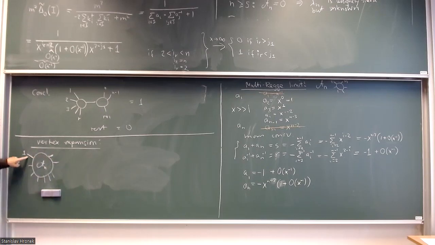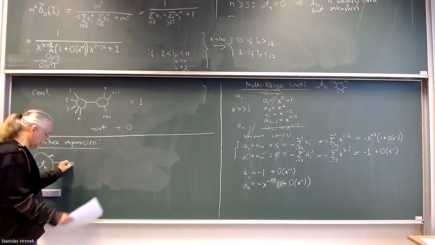Yes, this I would call a distinguished leg. And then we ask the question, how does this diagram look like? We want to expand this diagram according to what happens next from this leg's point of view. And obviously, the first thing that this leg meets is a vertex, right? So this is why I call it vertex expansion.